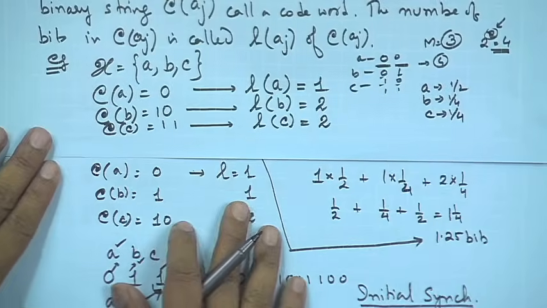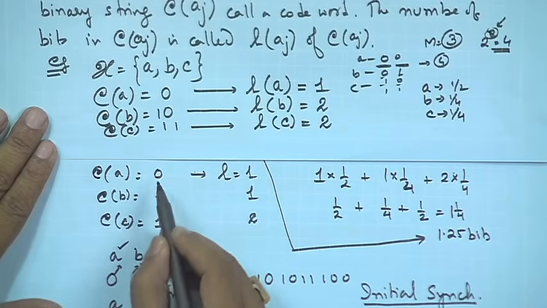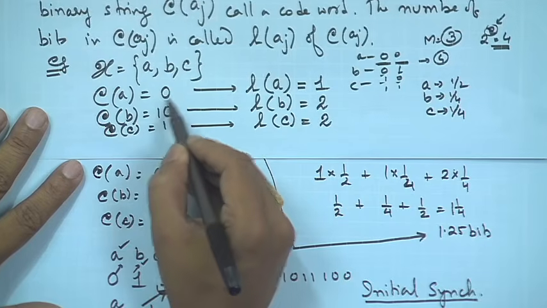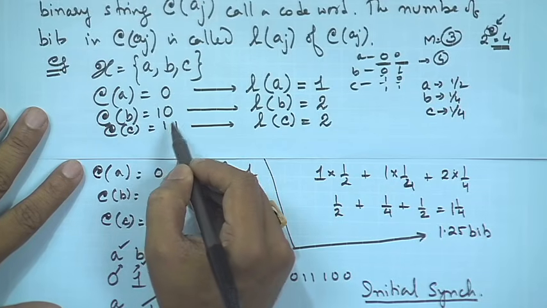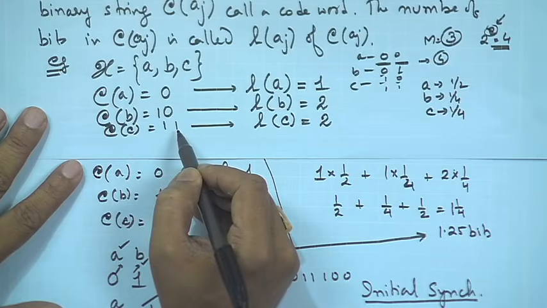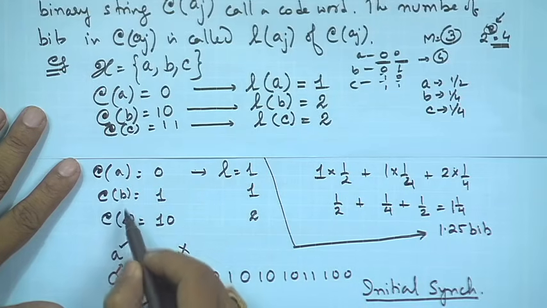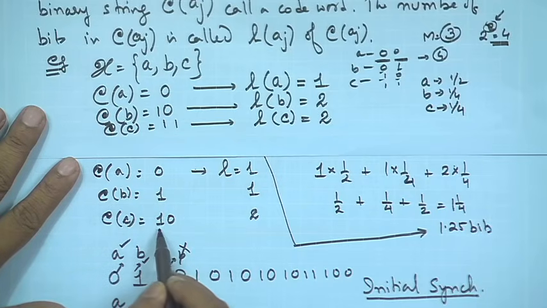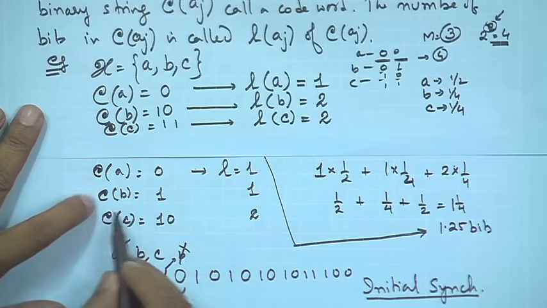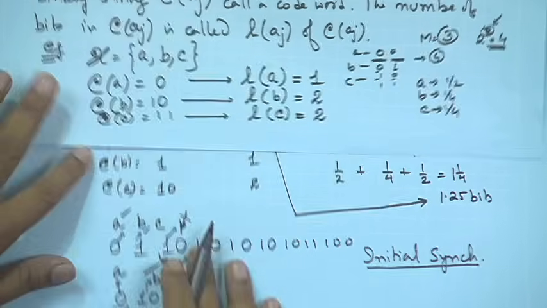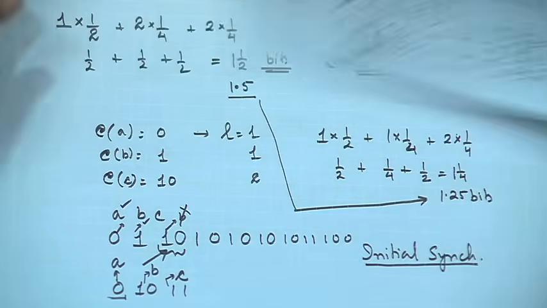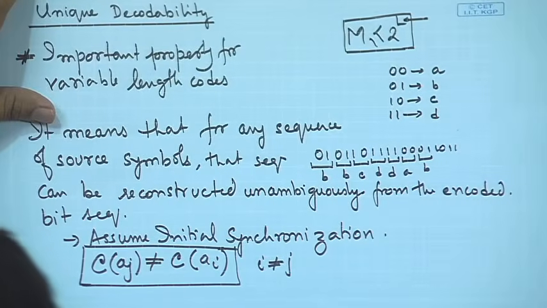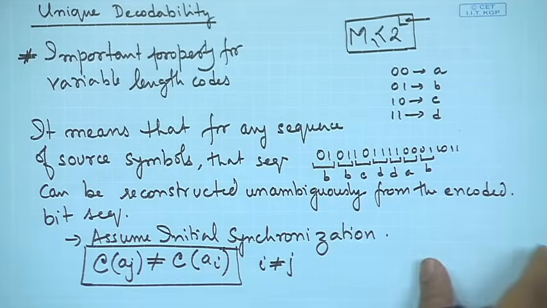In this example, 0 is not a prefix of any other code word, 10 is definitely not, 11 is definitely not. But if we look at this other set of code words, we find that this 1 is a prefix of this code word. So, the code word for B is a prefix for the code word of C, and that had caused all this confusion. With this we move forward and define these things further.